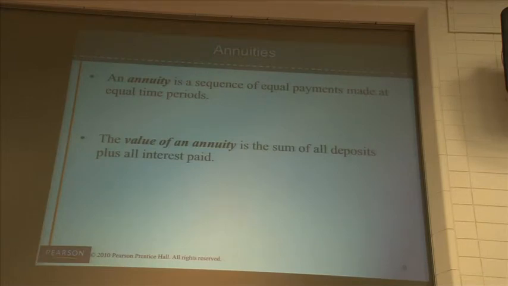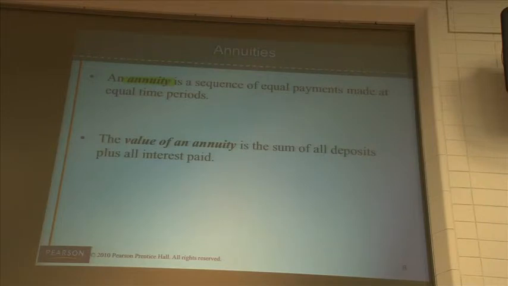Next up, annuities. An annuity is a sequence of equal payments made at equal time periods. For example, car payments. You pay a certain amount for your car payment every month. That's an example of an annuity. A mortgage is another type of annuity.